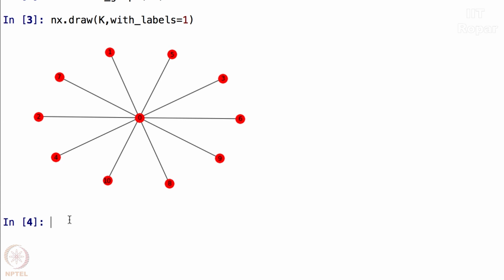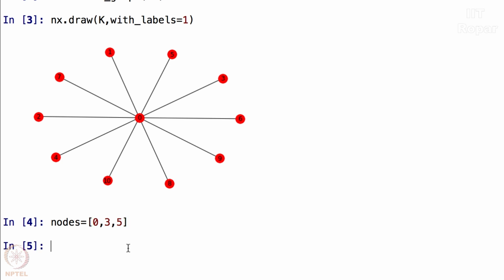I'm going to name the nodes which I'm going to pick up. Let me say nodes as 0, 3 and 5. Now I'm going to create a subgraph of these nodes 0, 3 and 5.